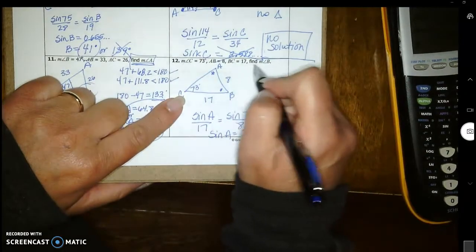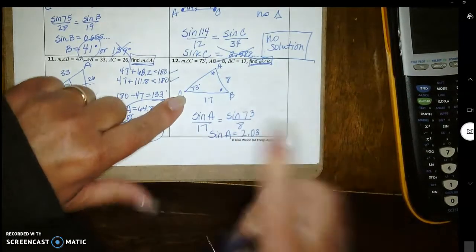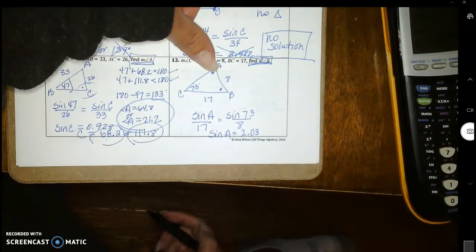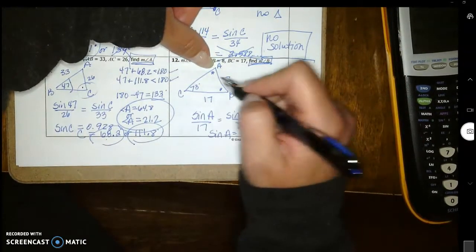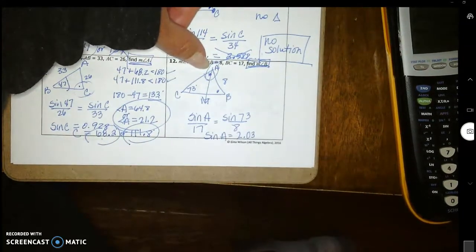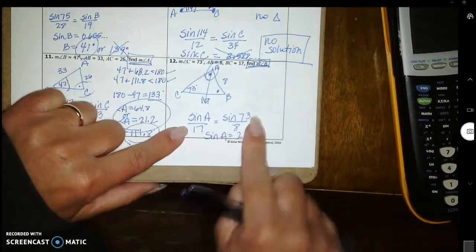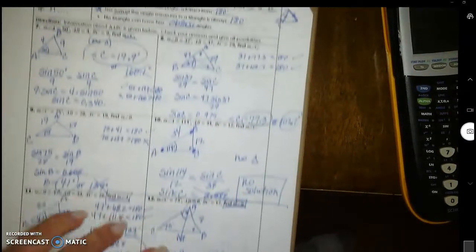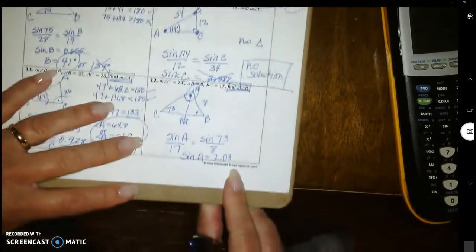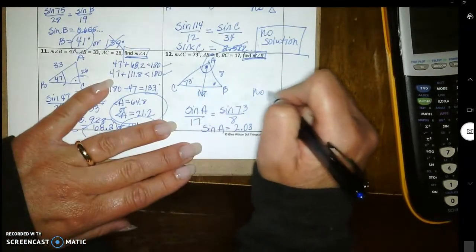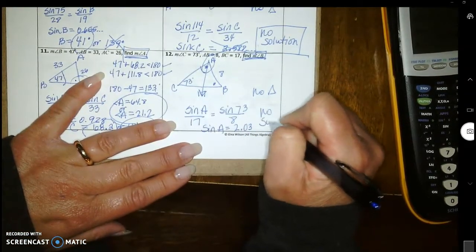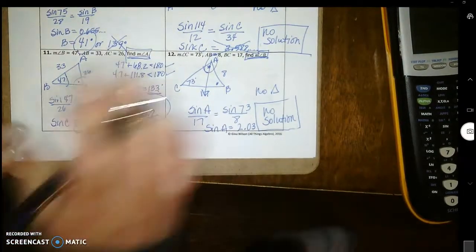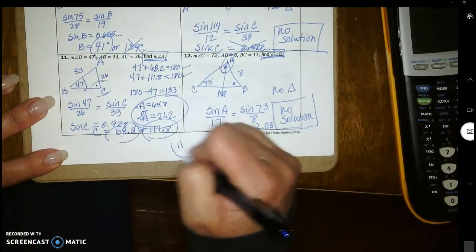Number 12 wants you to find the measure of angle B, but when you get everything set up, you end up doing laws of sines using angle A, okay, because the 17 is across from the A. And so as I go and set everything up, I end up with the sine of A equal to a 2, and remember, that can't happen, and so this is not going to be a triangle, or no solution. Okay? Hopefully that helps, and happy laws of sines.